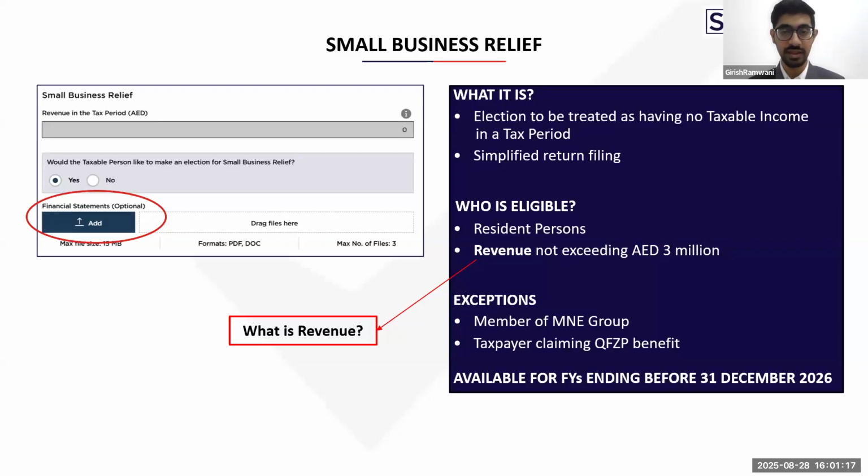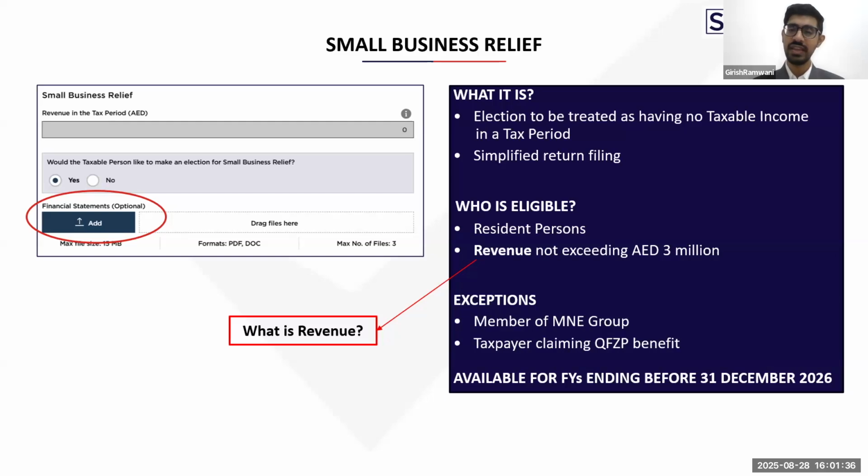Also, any sales proceeds from the sale of your assets is also going to be covered over here. This is very important because in general parlance, revenue does not include such amounts.